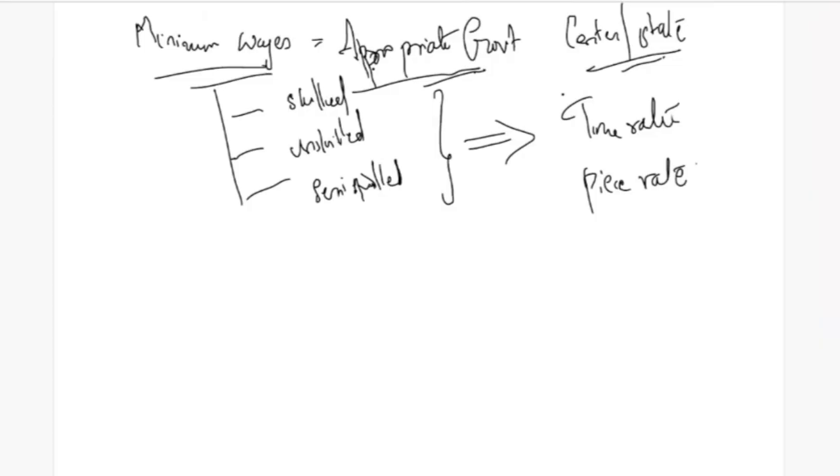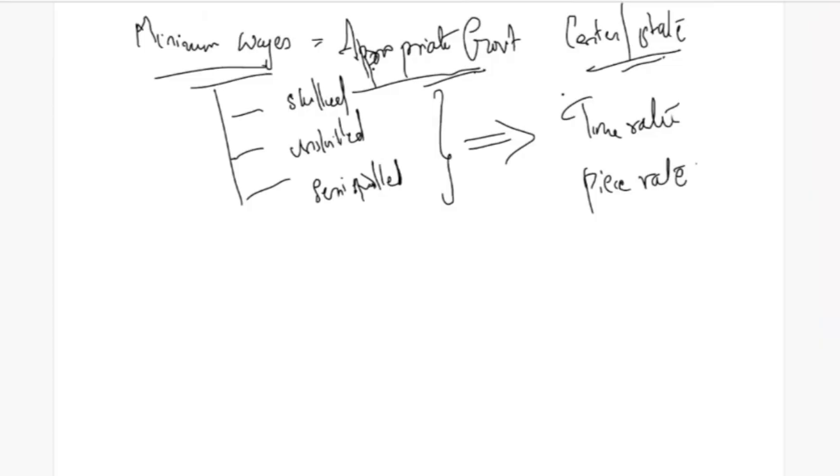That is, for 1 hour of work, this is the time rate, on an hourly basis. So how do they calculate the piece rate? They take the normal production in 1 hour, and the 1 hour time rate divided by the normal production during that 1 hour will give you your piece rate, because piece rate differs from each factory.